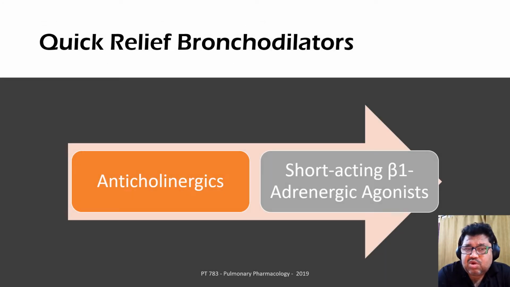Quick relief of bronchoconstriction is achieved by two categories of drugs. One are anticholinergics, and the second one is short-acting beta-1 adrenergic agonists.